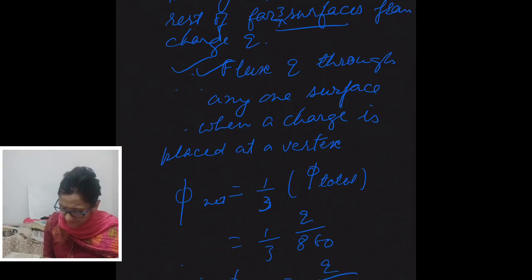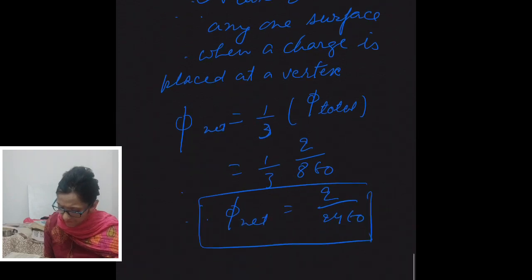Therefore, phi net is equal to Q upon 24 epsilon naught.